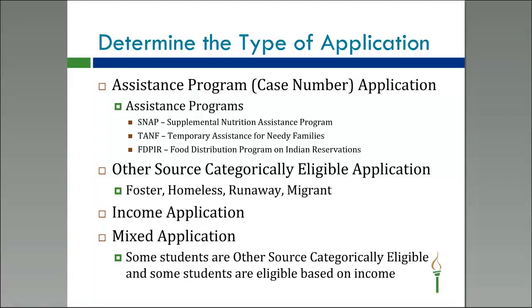The next is an other source categorically eligible application where they will indicate if they are foster, homeless, runaway, or migrant. And the last main type is the income application where they will apply for benefits by listing their income. You could also have a mixed application where some students are other source categorically eligible and some students are eligible based on income.